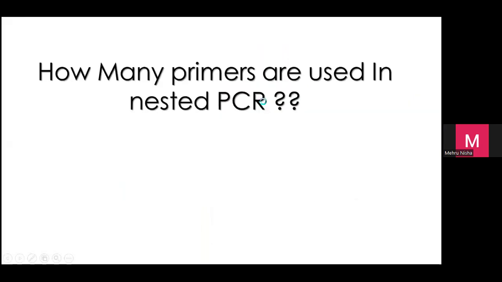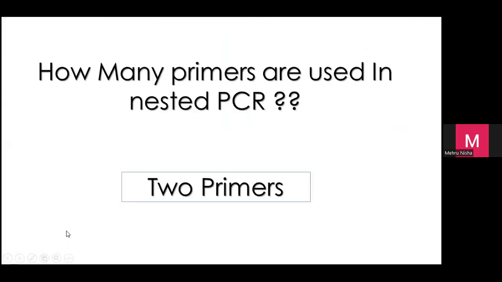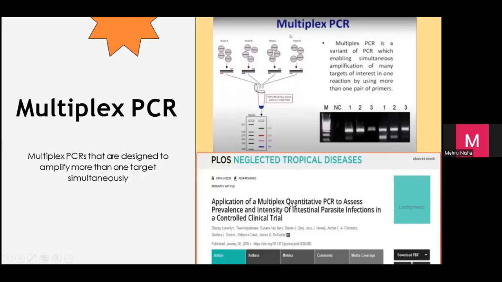Mesin tu you tak dapat share lah, sebab kalau ascaris dah buat 3 jam, lepas tu you kena run untuk hookworm. Dah buat 3 jam sampai pukul 6 malam, 7 malam you buat untuk trichuris pula. Tapi in multiplex is different.